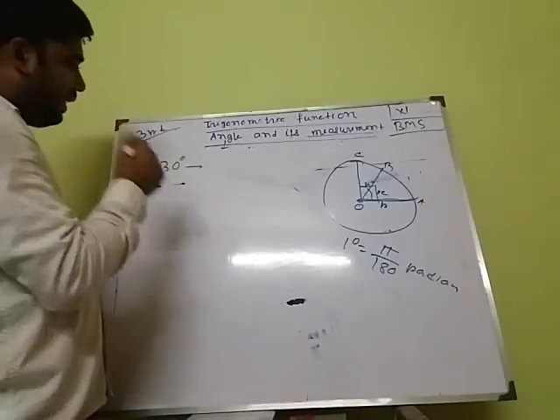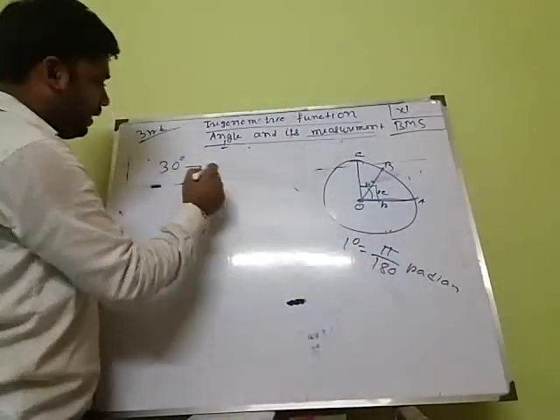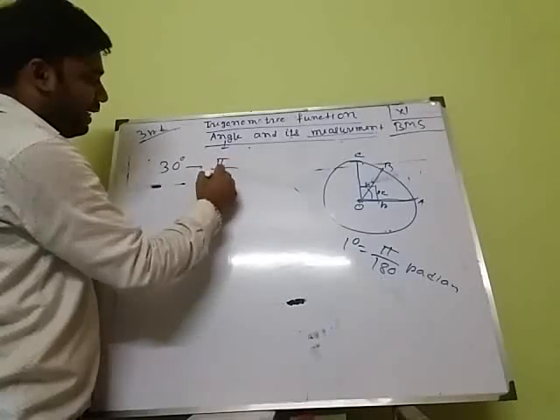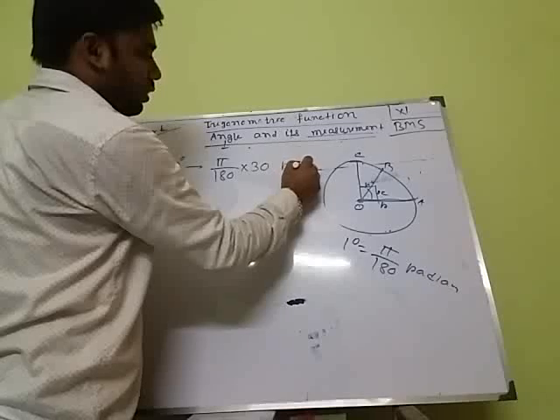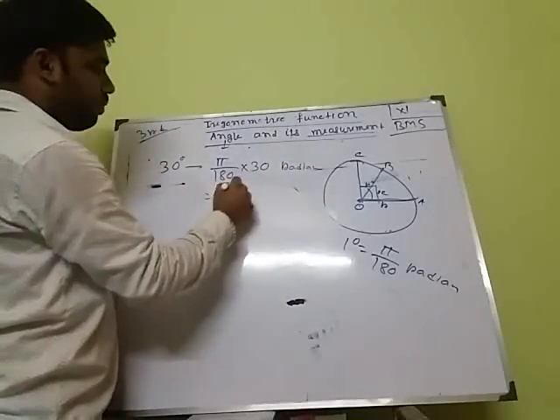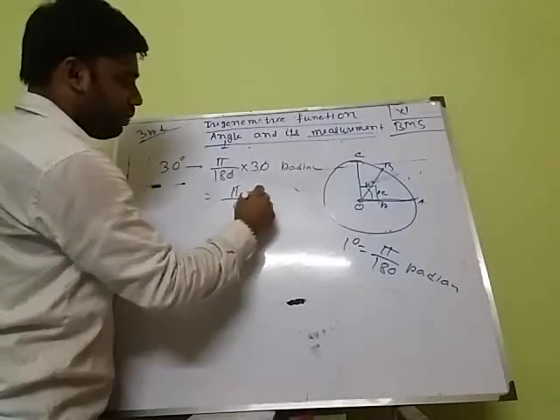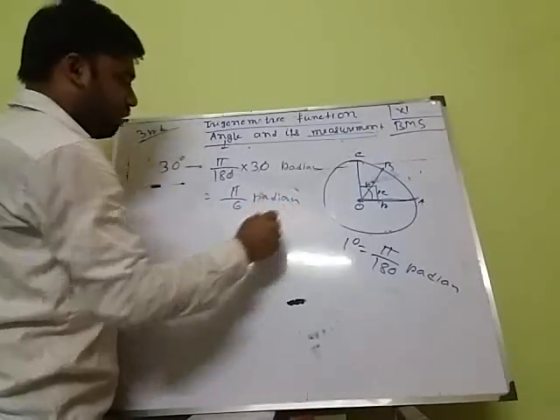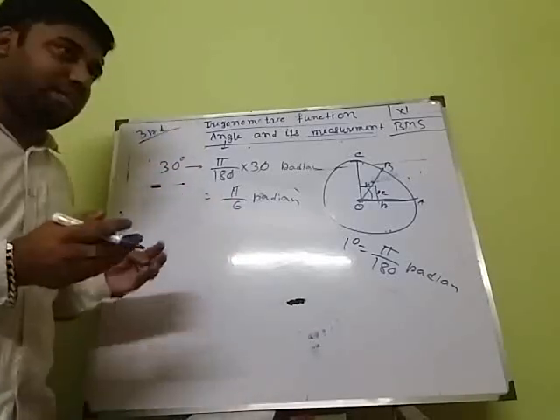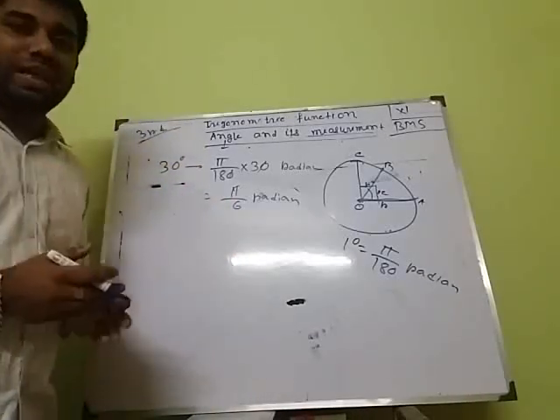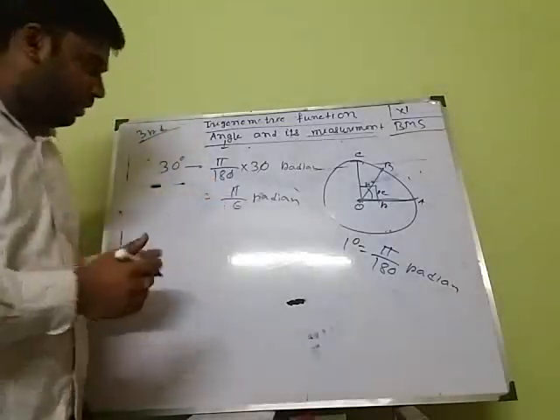Converting 30 degrees into radian: 1 degree equals pi by 180 radian, so it is pi by 180 into 30 radian, that is pi by 6 radian. Now in class 11, in place of degrees, most of the time we use radians, so 30 degrees means pi by 6 radian.